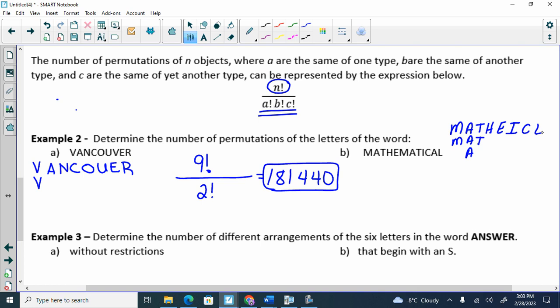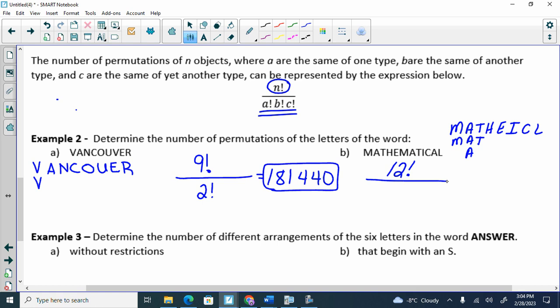So how many letters are in mathematical? What do you get? 12, yes. 12 factorial, because you would have 12 times 11 times 10 times 9 times 8 times 7 times 6 times 5 times 4 times 3 times 2 times 1, because there is nothing restricting it.